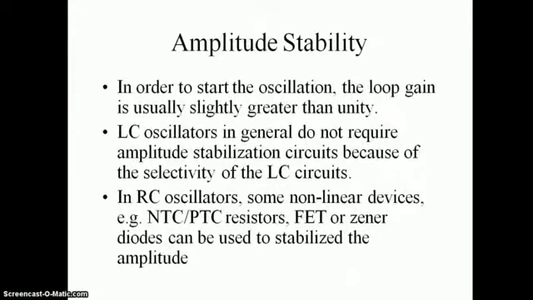For amplitude stability, in order to start the oscillation the loop gain must be greater than or equal to 1, and LC oscillators generally do not require an amplitude stabilization circuit because of the selectivity of the LC circuits. In RC oscillators, some non-linear devices, for example negative temperature coefficient and positive temperature coefficient resistors, JFET or Zener diode, can be used to stabilize the amplitude.